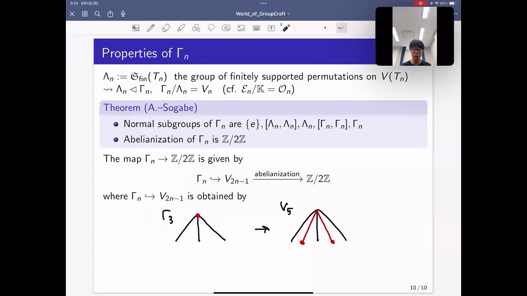We encode this movement into V5 by adding new edges into the gaps of the original edges. And then we can obtain the inclusion map from gamma n to V_{2n-1}.